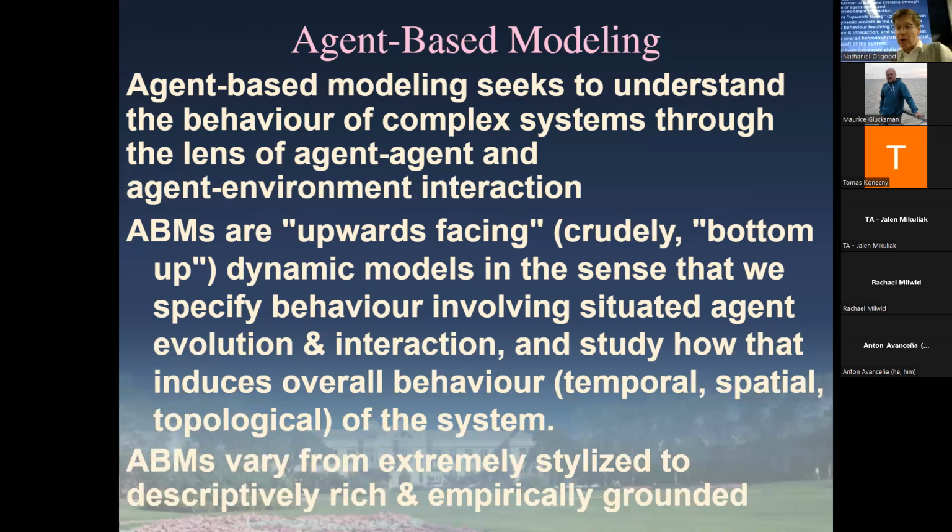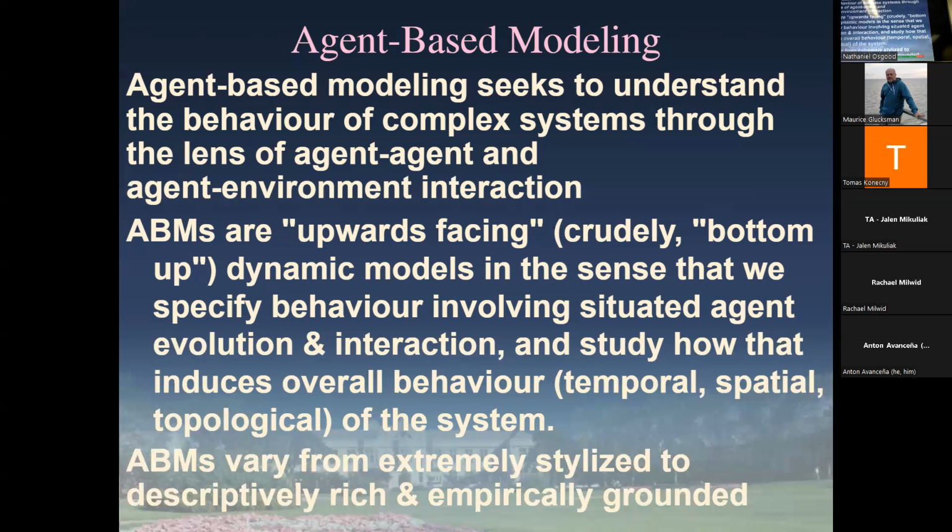Agent-based models are upwardly facing models. And I say this in contrast to aggregate modeling traditions, which tend to start with a high-level depiction and depict downwards. Agent-based, you have agents represented, and there's behavior of the system as a whole that's generated from that. There's no bottom there. Sometimes it's called bottom-up modeling.